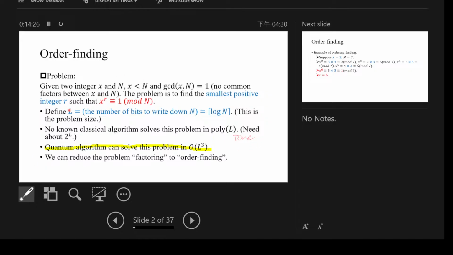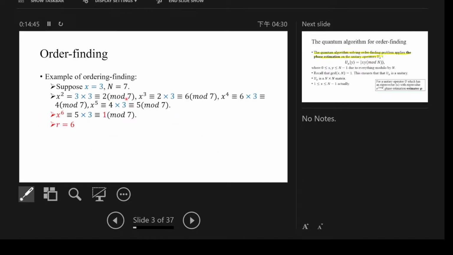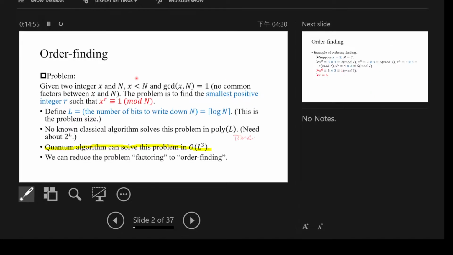Let's say a little about problem size: it is the number of bits of n, about log n bits, and we call this L, the problem size. For the classical algorithm, we only know the brute force algorithm where you just keep multiplying. At some point you hit r, and this needs about 2 to the L steps, so basically about n steps.